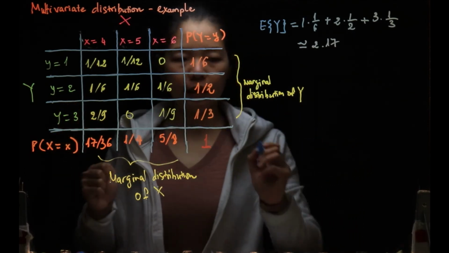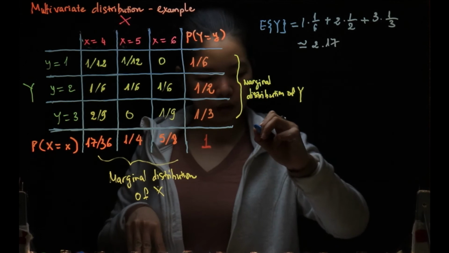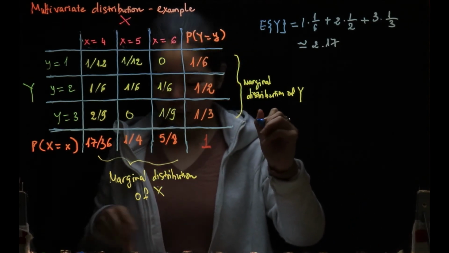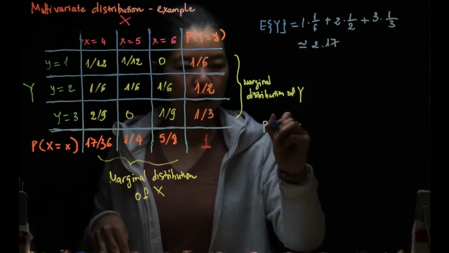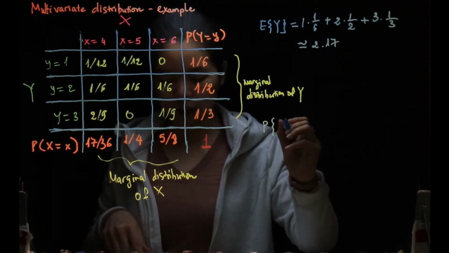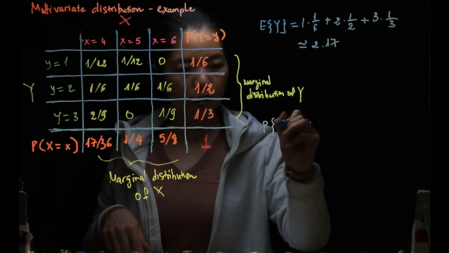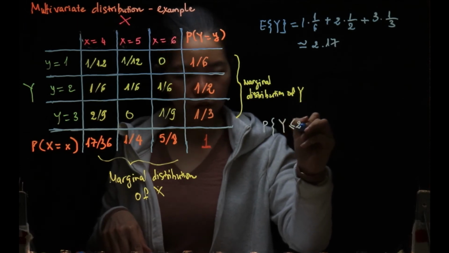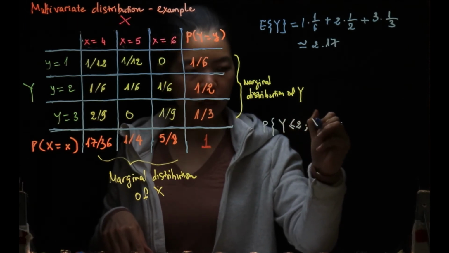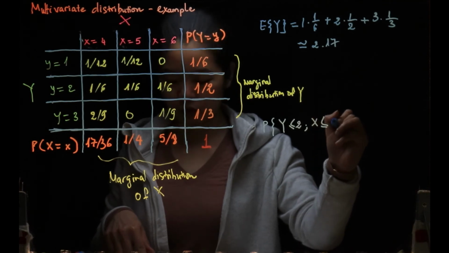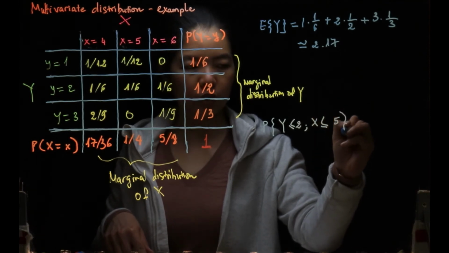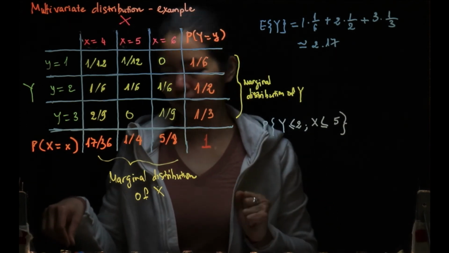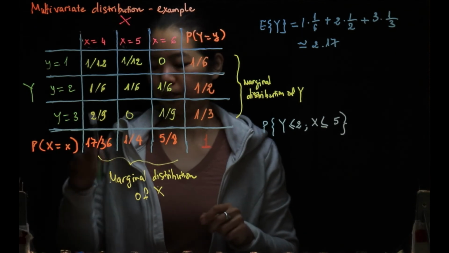Another thing, let's go to the previous slide where you remember we have a definition of P that you consider y smaller or equal to 2, a certain value, and x smaller or equal to 5. I just give an example here. How do you calculate that? What should you do?